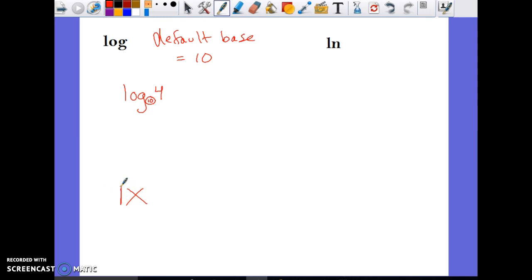With natural log, it has a base e, so you could rewrite it like this, log base e. You could have log with any base. I could have log base 2. You could have log base 5. The base could be a fraction. It could be anything.